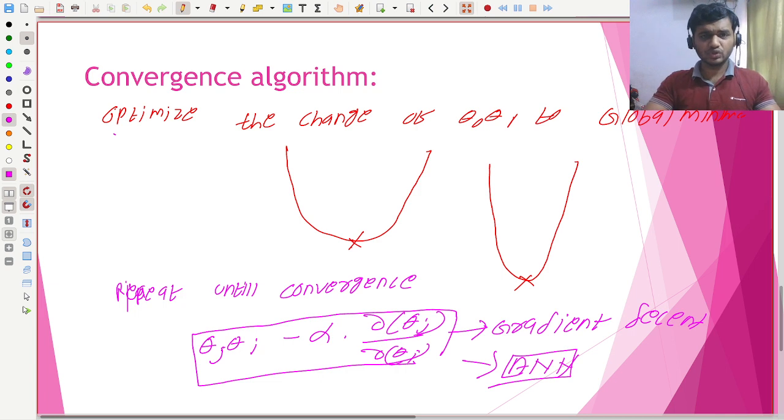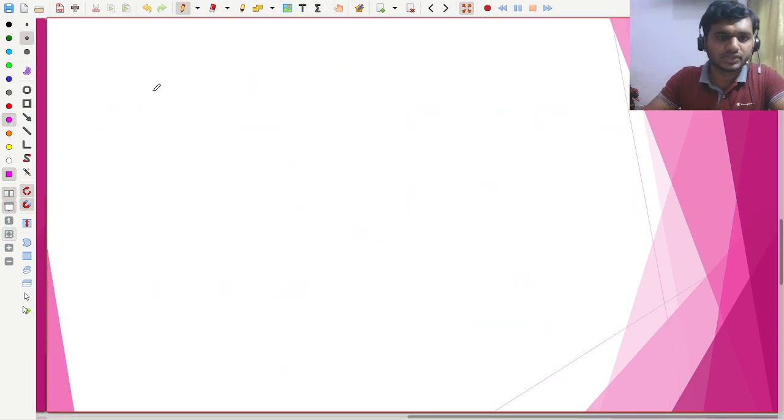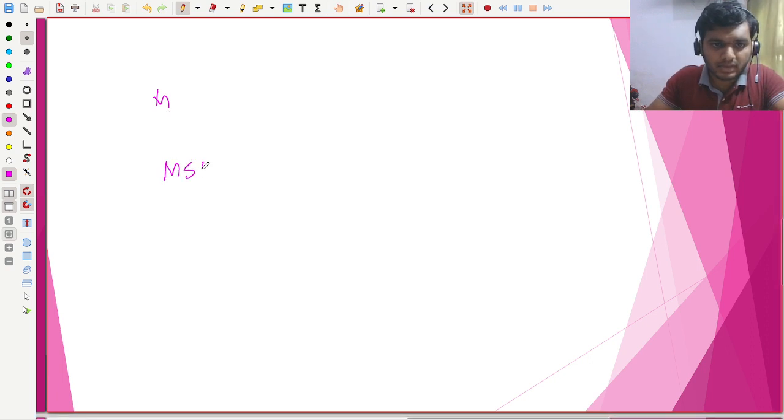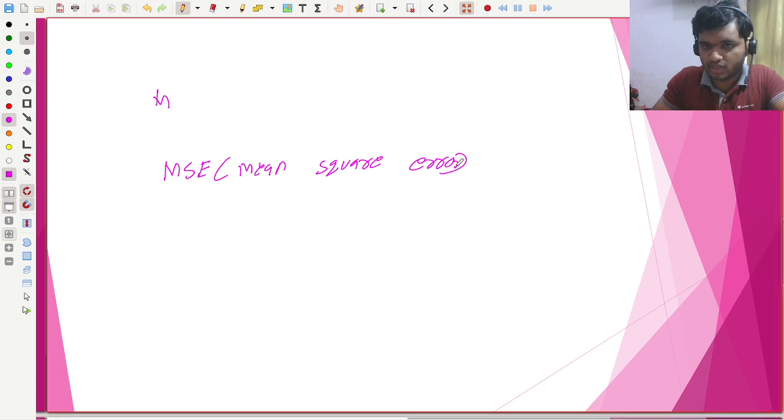So in linear regression, after all the process, you do model evaluation. After training, the model performance needs to be evaluated using metrics such as mean square error. We'll discuss the mean square error formula with an example.